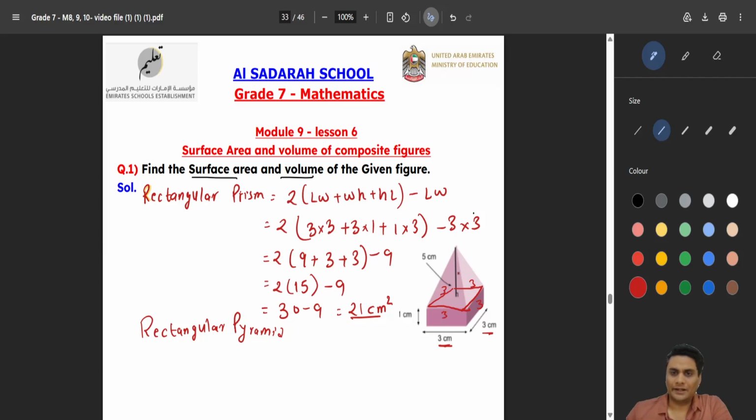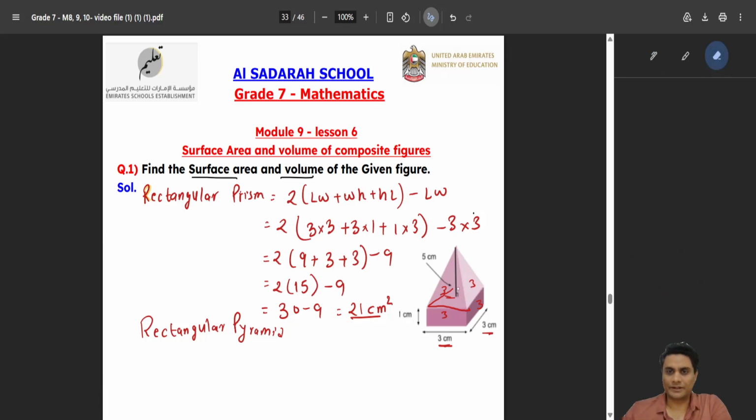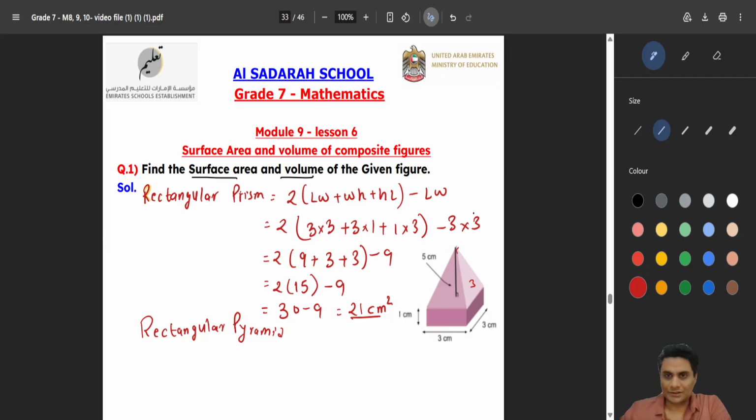Yes. And the slant height is not given here. So let me just tell you this one. I will give it because it is not given here in the picture by chance. Maybe the picture wasn't complete. I will mention it from my side here.